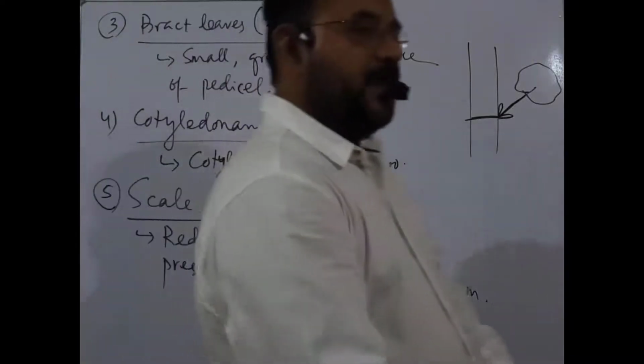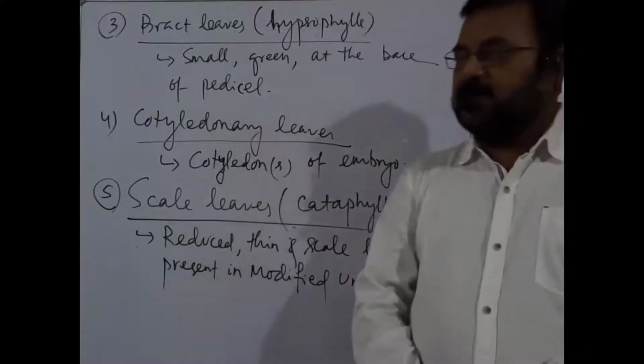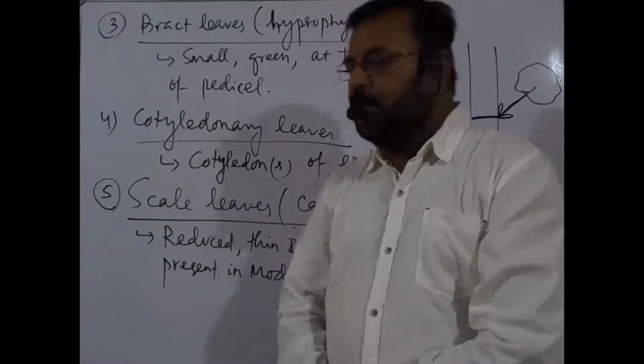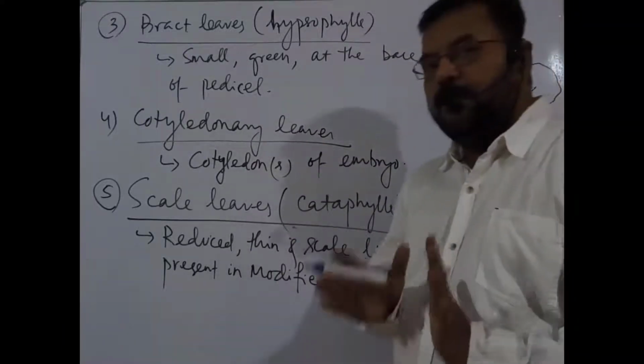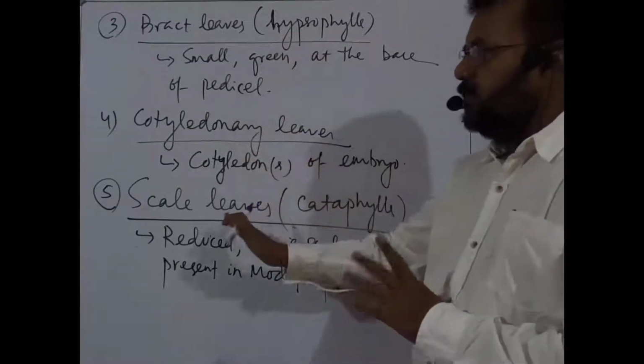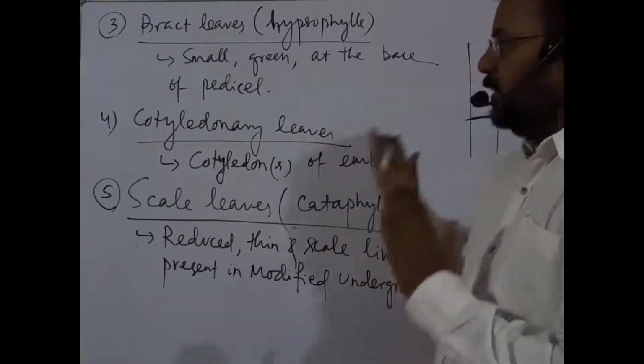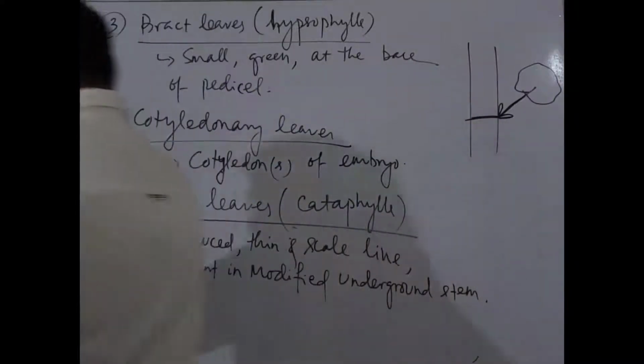The normal leaves of the plant, which are photosynthetic, green structures, are called the foliage leaf. In this chapter we are going to study only the foliage leaves, the foliage part of the leaf. The others are also modified leaves, but as far as this chapter is concerned, we are only dealing with the foliage leaves.